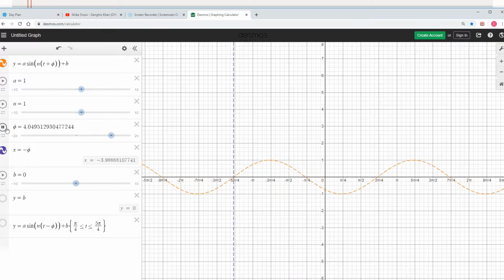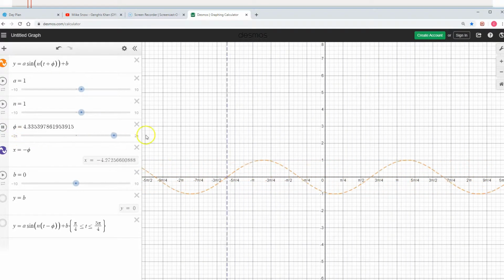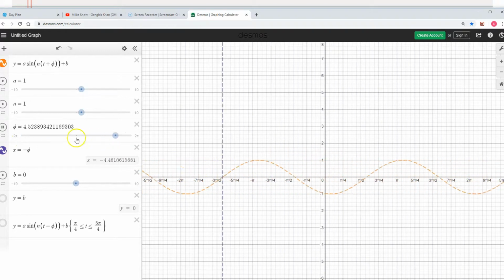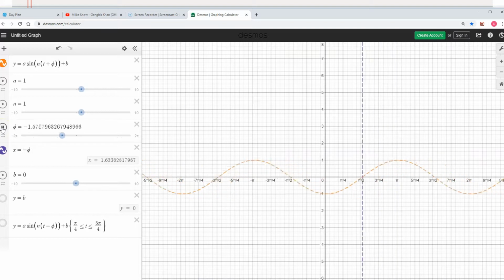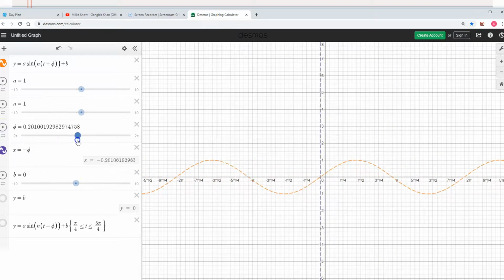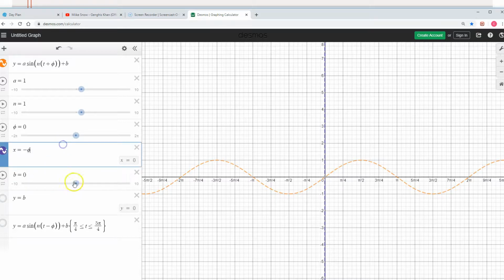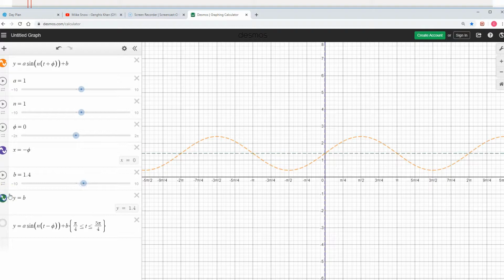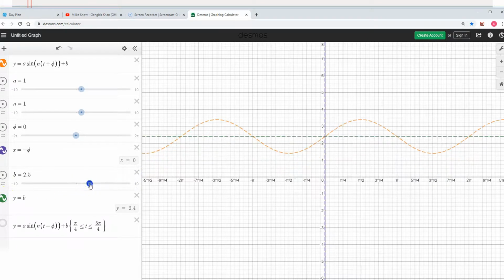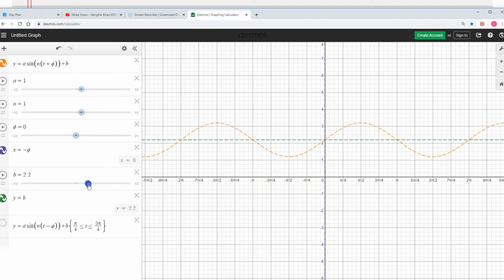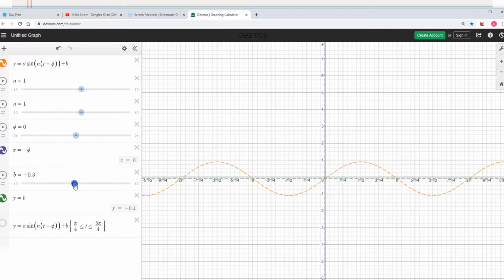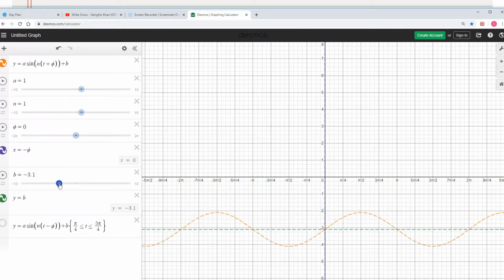Putting that on play, as we go from negative to positive, we go from the right side shifting back to the left side. Now similarly, for the vertical translations, for positive b we're going to raise our graph. Here we go, positive b, we're lifting it above the x-axis, and for negative b, we're lowering it below the x-axis.